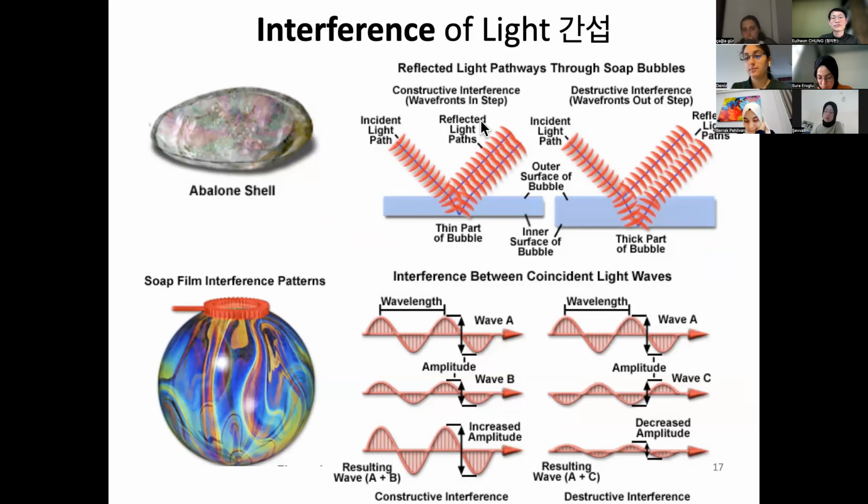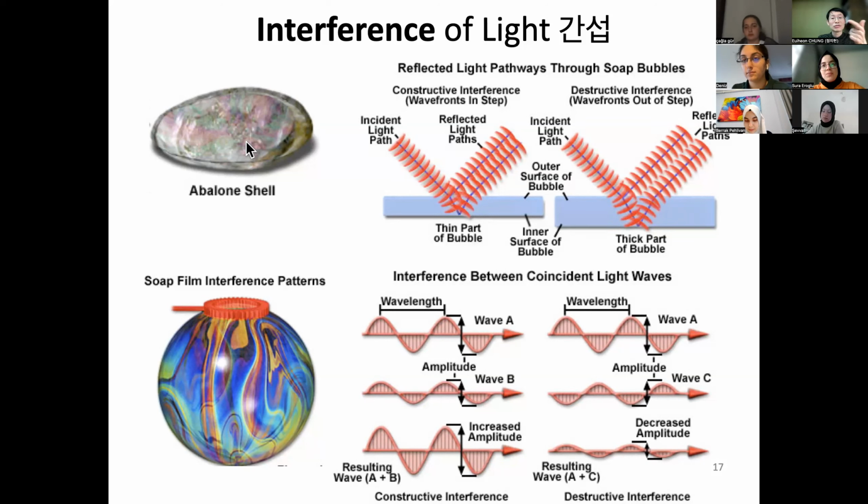And the other is interference of light. Everyone probably knows soap film interference, which is called thin film interferometry. And I guess you know the abalone shell, which has beautiful color. What matters is this color is not coming from the material itself.